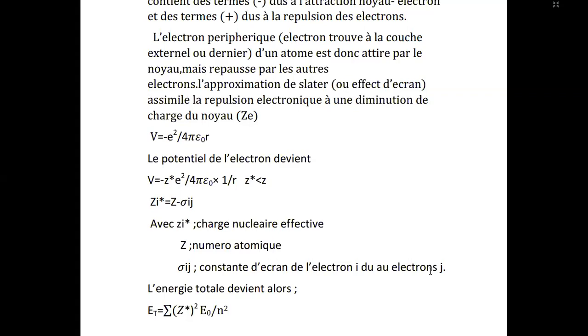Also note that if the first shell has 2 electrons, the second shell has 8 electrons, and the third shell, the last shell, has 4 electrons, I'll only remove 1 electron. The electrons in the outermost shell, I'll consider them.